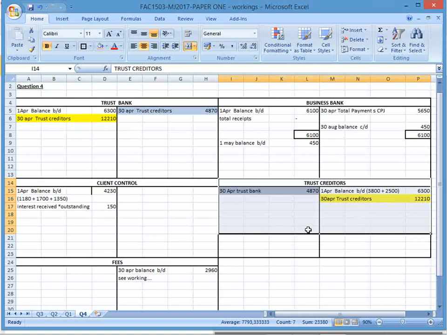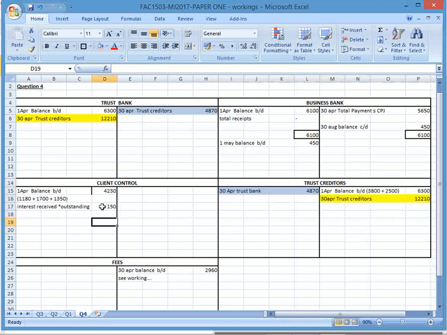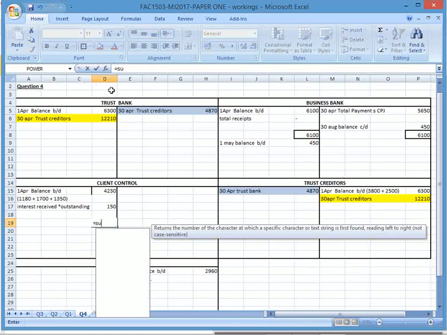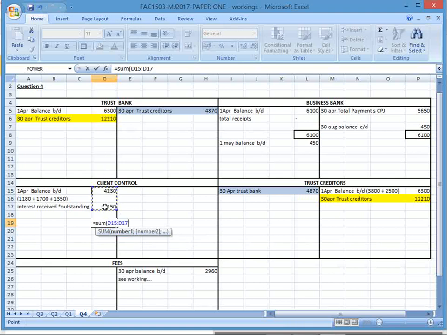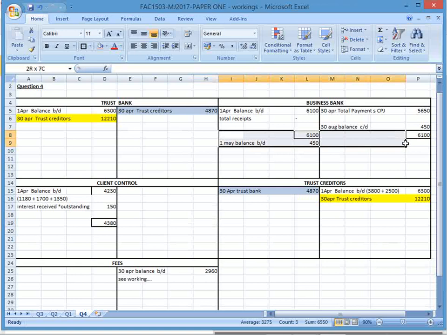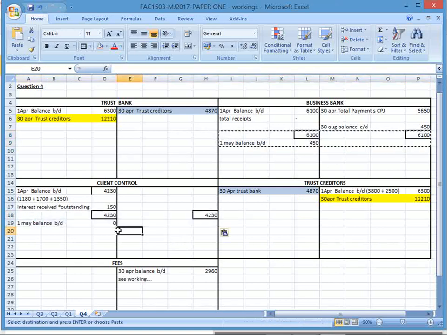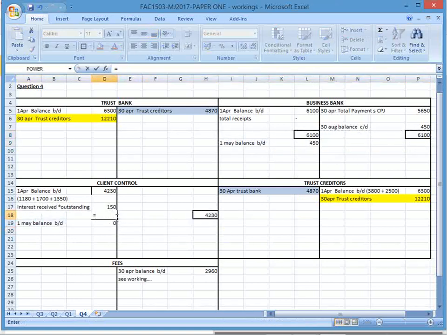The client control account is representing all the clients that owe you, so in other words, it's like debtors. To balance this account off, I'm going to sum up those two amounts, and then I'll bring down a balance.